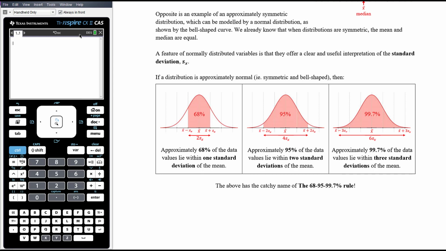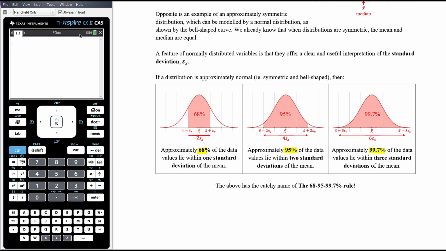These three figures, 68%, 95% and 99.7%, these obviously don't change, and these essentially come to form the 68, 95, 99.7% rule.